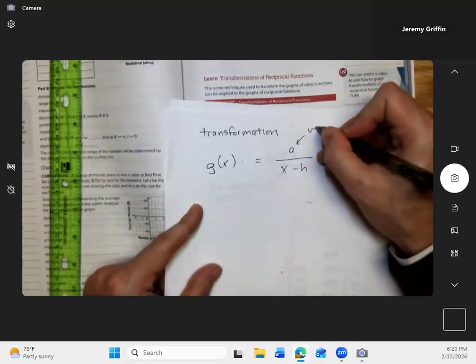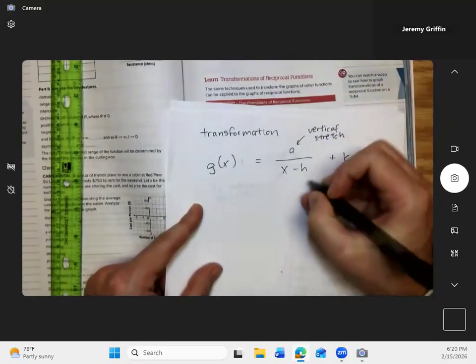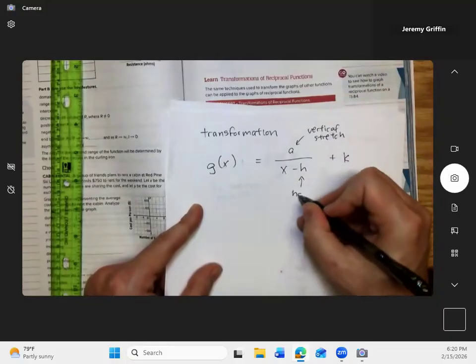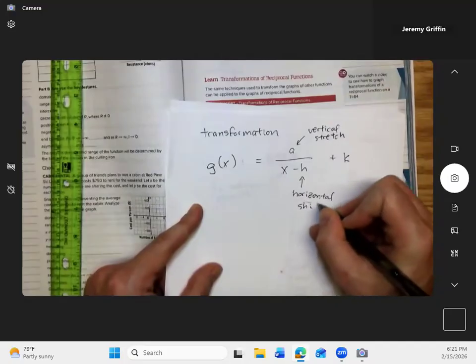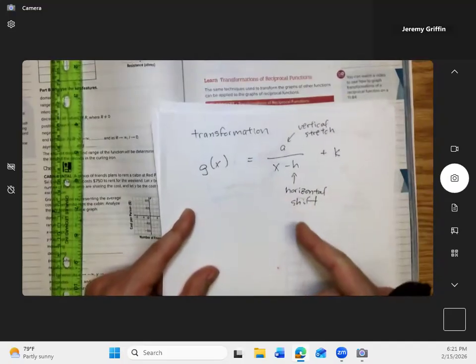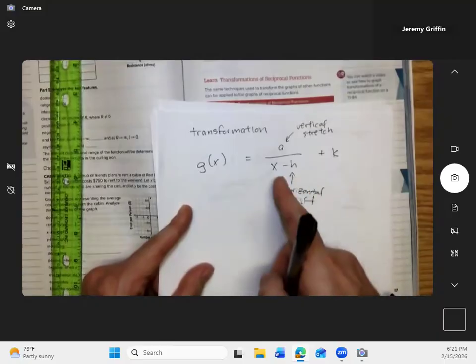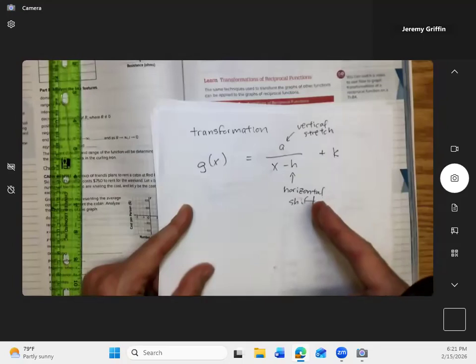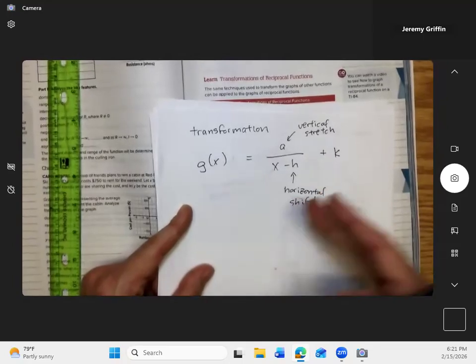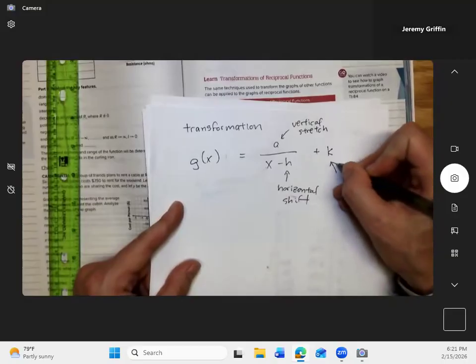So a refers to vertical stretch. h is the horizontal shift. And notice they're subtracting it off. So if you subtract something, you're going to the right h units. If it said plus h down here, you'd be going to the left. So remember, horizontal minuses to the right and pluses to the left. It's always been like that in this class, and probably you go back to Algebra 1. I think you guys probably did some of this too.